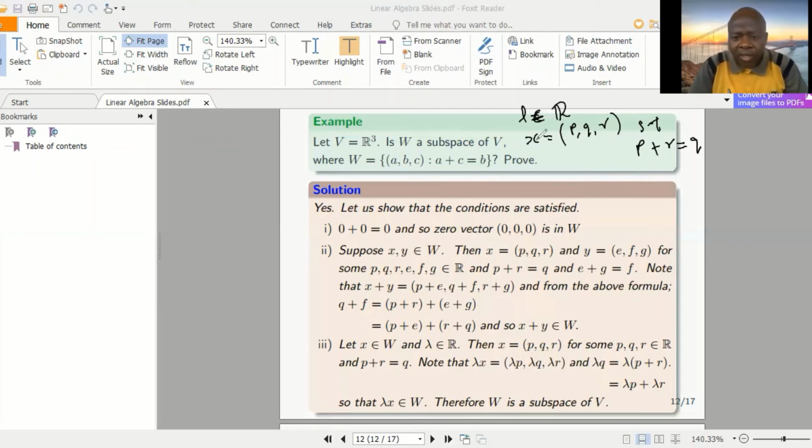Now I want to find lambda times X and see whether it will be in W. So lambda times X would be lambda times P, Q, R, which would be lambda P, lambda Q, lambda R.